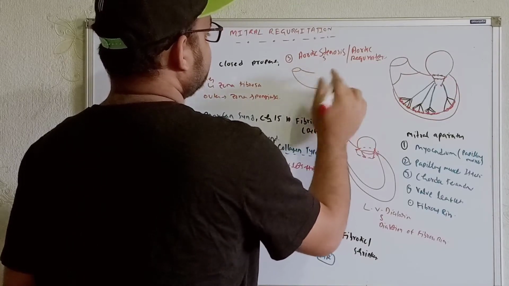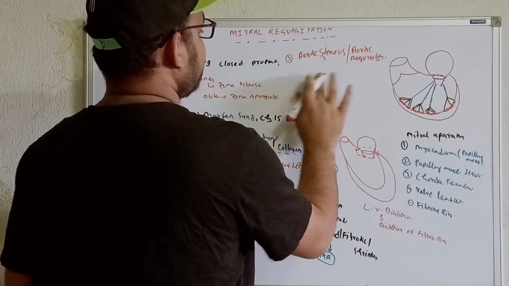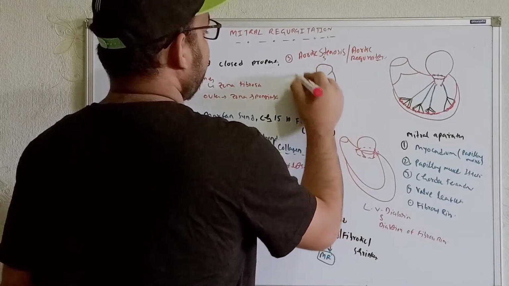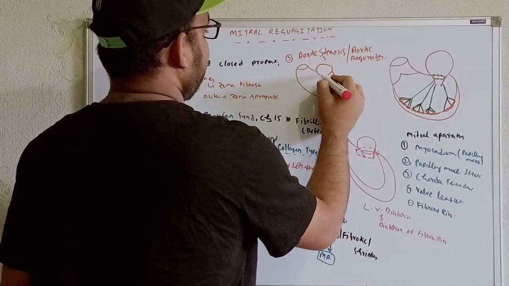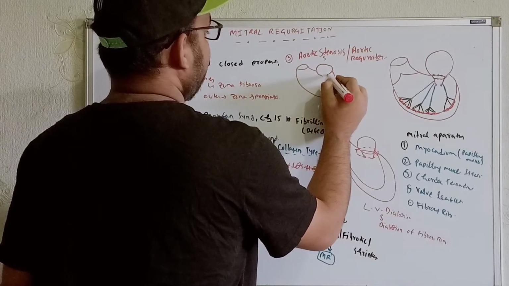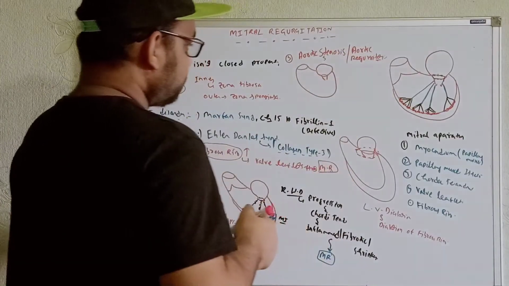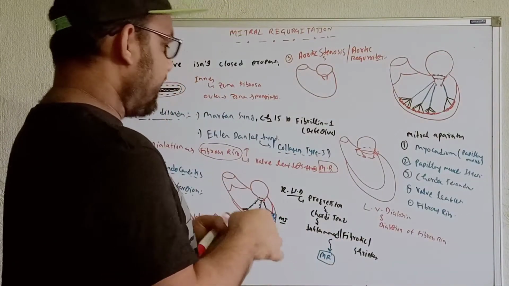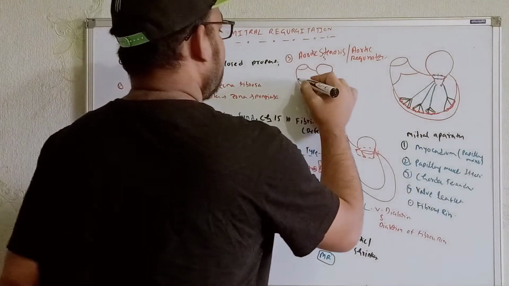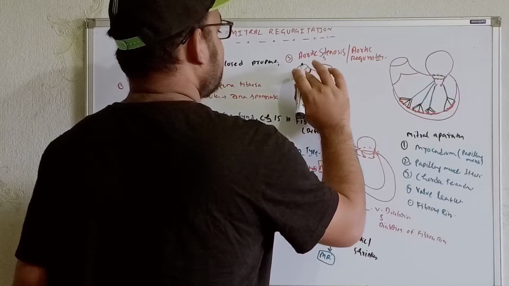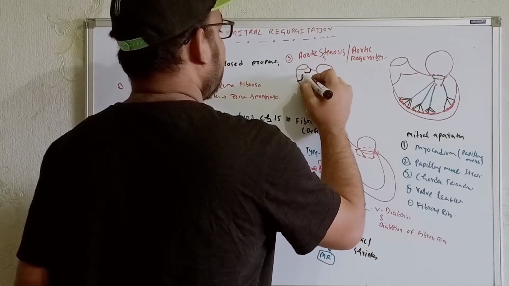Let's draw it properly once again. Now see, whenever we are getting the development of aortic stenosis, in these cases we will get the narrowing of the aortic valve.